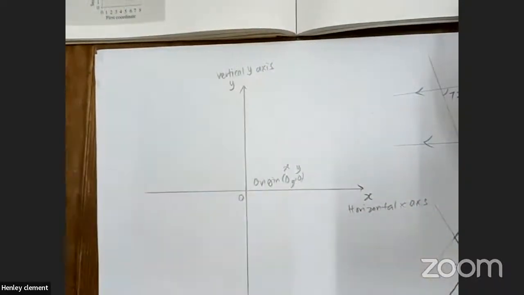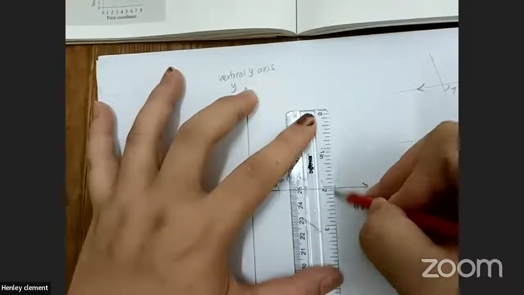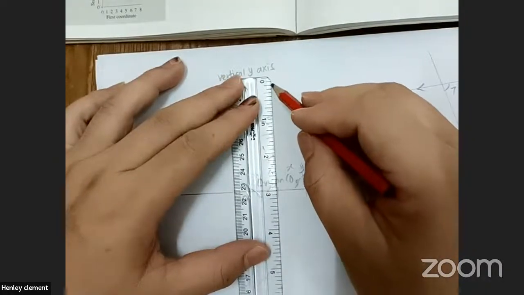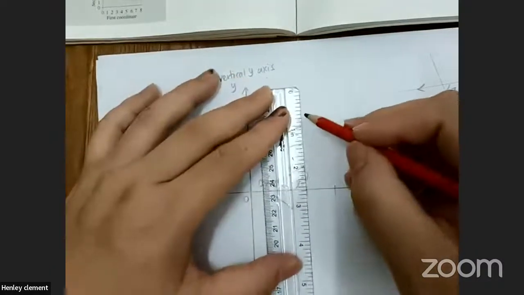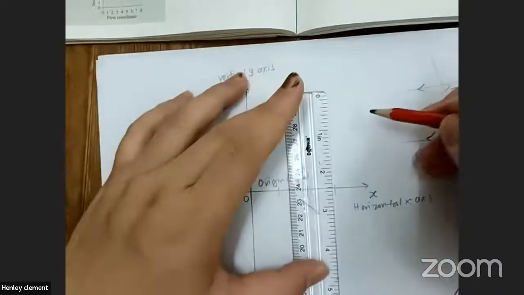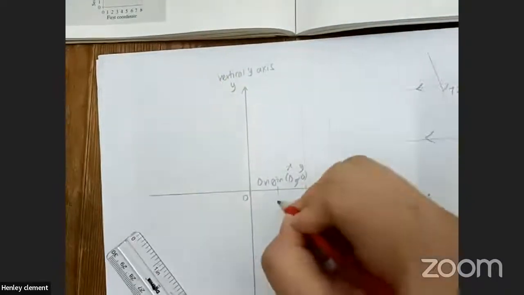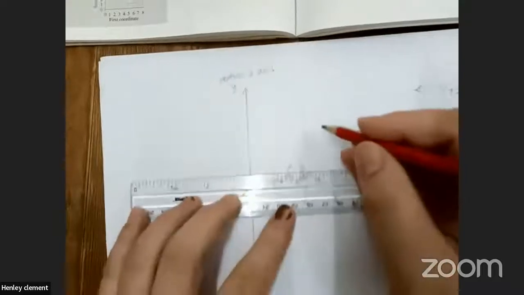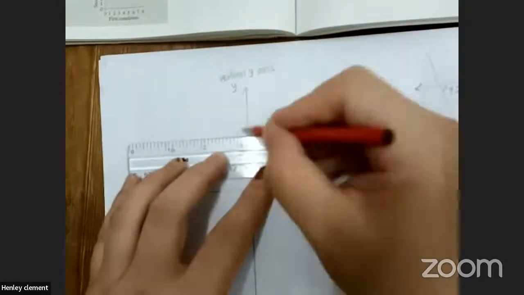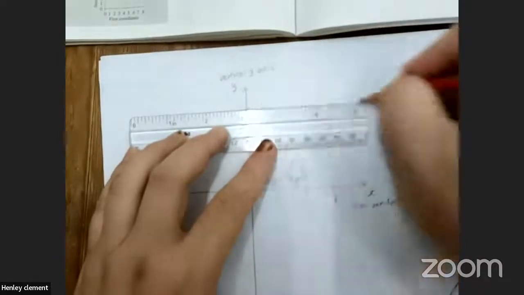So now I need to find something. Okay, if this is 1, 2, 3, and then I slightly draw the line to make it easier.